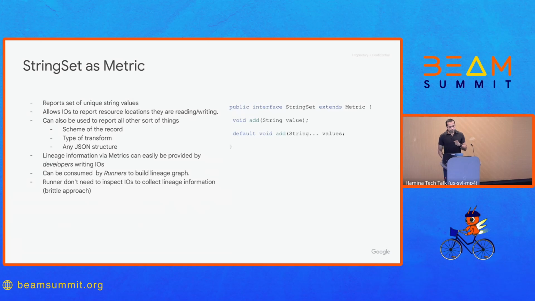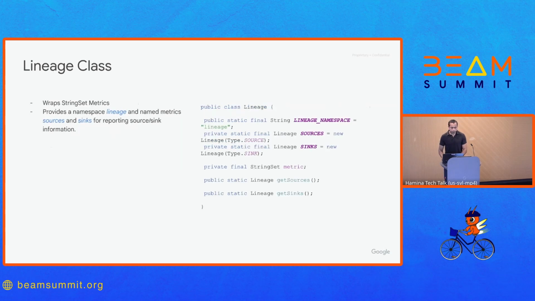In this whole architecture, the runner doesn't need to inspect any of the IO to collect the lineage information. This is generally the approach which a lot of data processing systems and services use to collect lineage, and it's very brittle, because as the IO evolves and changes, this kind of visiting the IO to collect lineage information breaks.